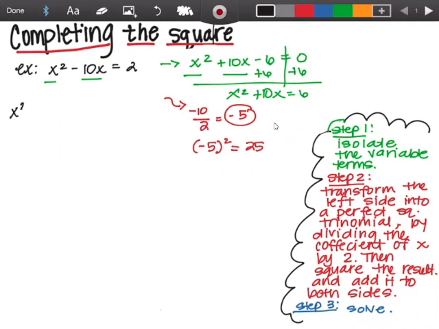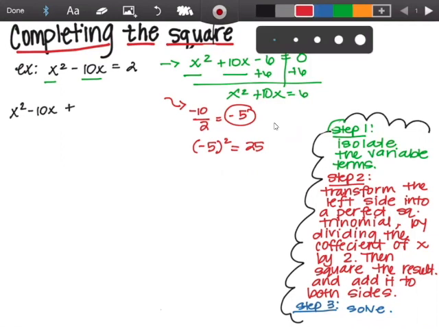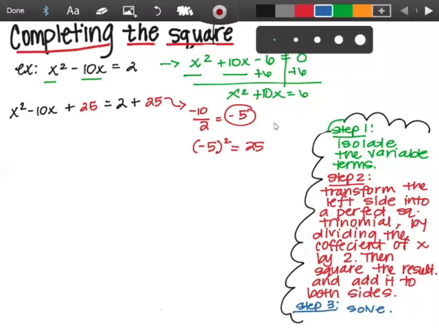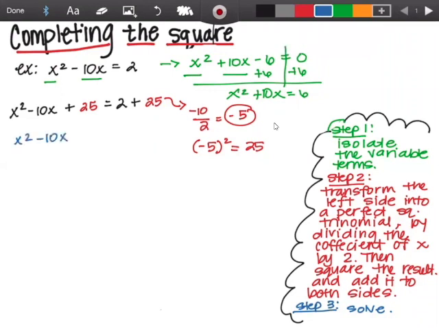So that means we have x squared minus 10x plus 25 equal to 2 plus 25, right? And once we add it to both sides, now it's asking us to solve. So we're going to solve and say we have x squared minus 10x plus 25 equals 2 plus 25, which is 27. We are going to first solve this by putting it into factors, right?